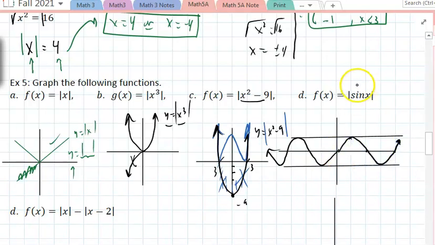When you put an absolute value on it, this is y equal the sine of x. What that does, that eliminates that part of the graph.